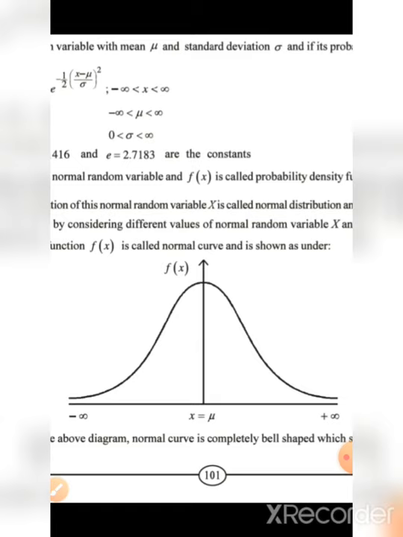It is always a symmetrical diagram, where in the middle x is equal to mu, and both ends do not meet the x-axis, which is why on the left-hand side it is negative infinity and on the right-hand side it is positive infinity. The negative sign always shows the left-hand side, and the positive sign always shows the right-hand side.